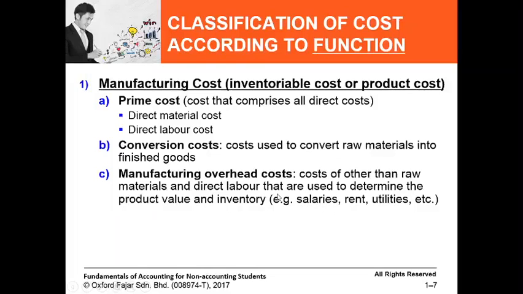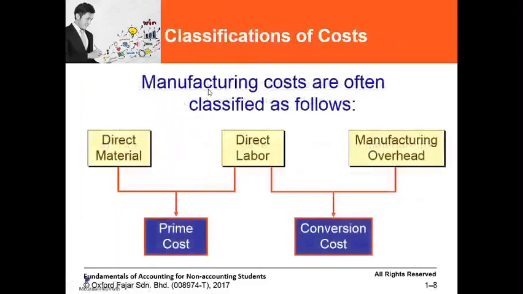Sorry, account clerk is not under manufacturing overhead costs. Salaries of those employees related to the production of the product, and then rent and utilities of the factories, can be considered manufacturing costs.